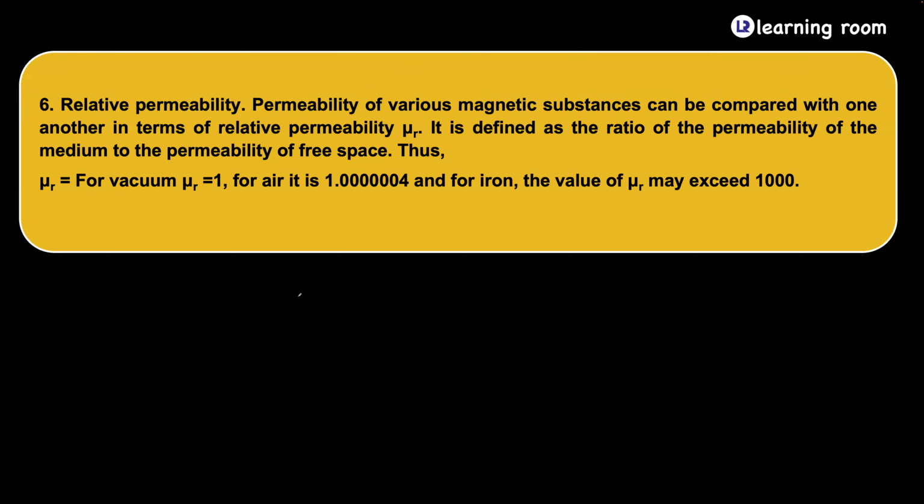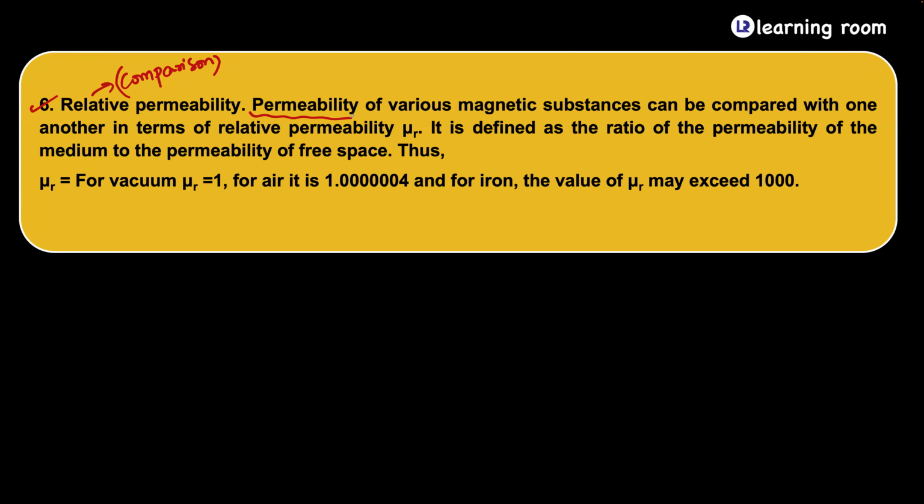So we'll start with the next term, that is relative permeability. The previous one that we saw was permeability. Now we are going to see relative permeability. Relative basically means it is a comparison. Permeability of various magnetic substances can be compared with one another.